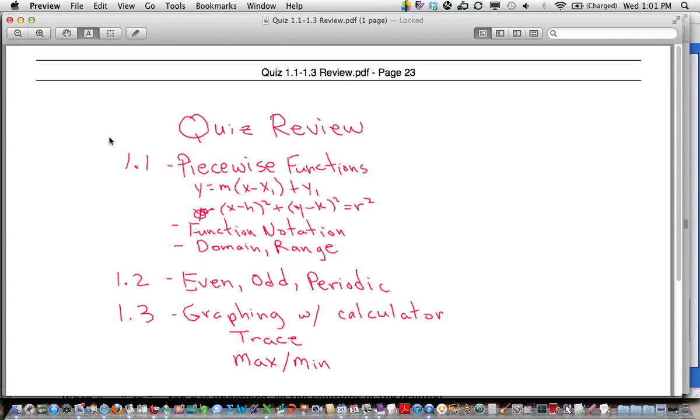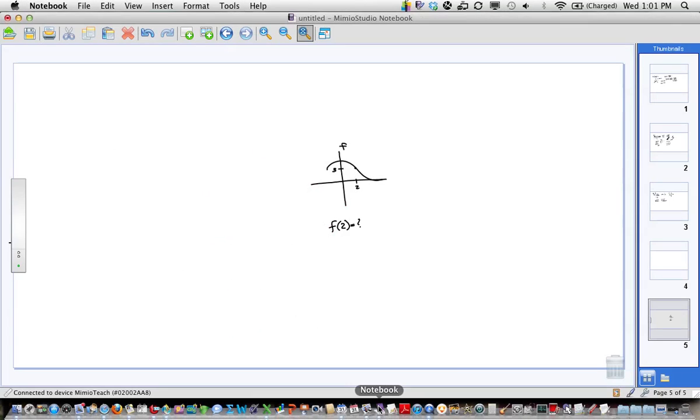But if I just gave you this graph and I said this was a graph of f, and I said, what's f of 2? Well, I had people coming to me and asking, well, what's f of 2? There's nothing to plug in.